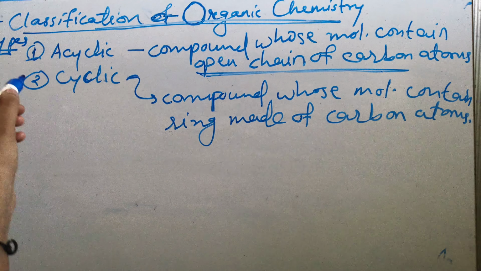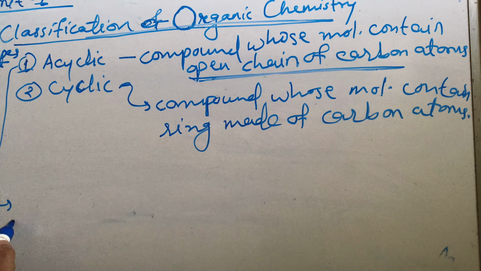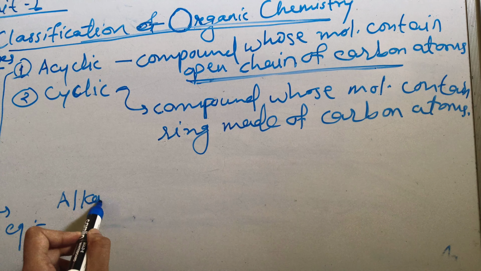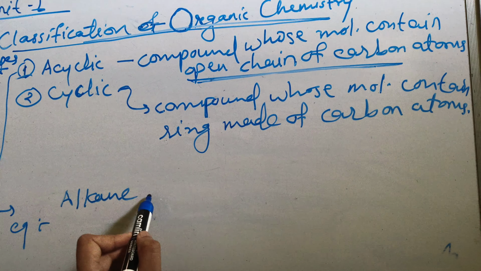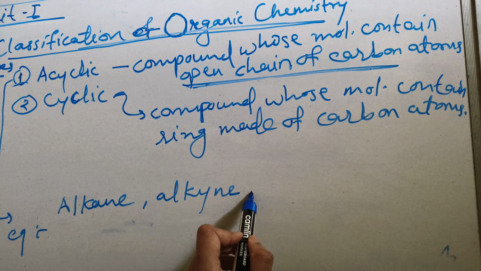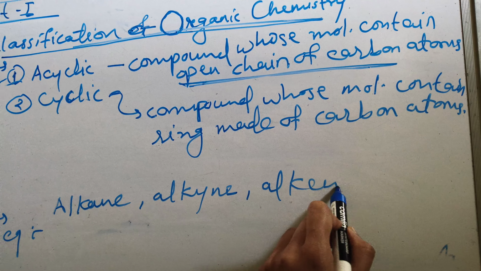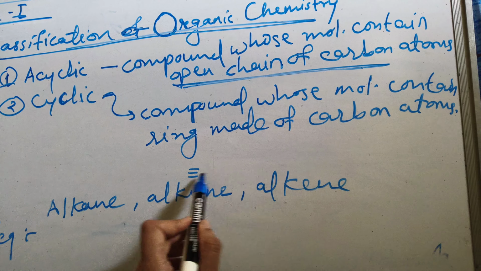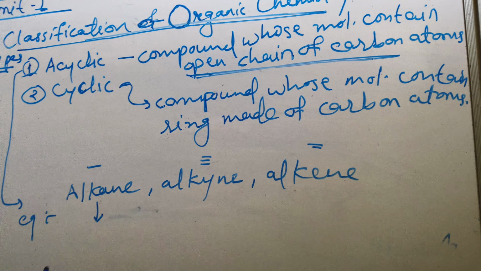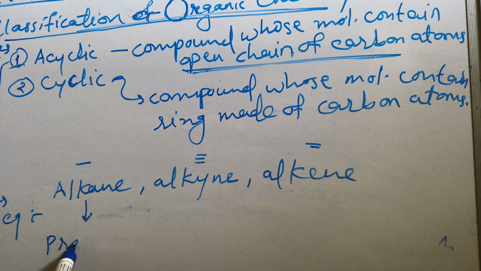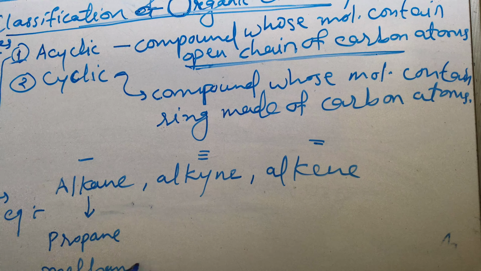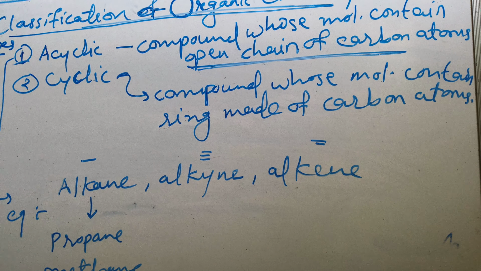In acyclic series, for example, we will look at alkane. The families are alkane, alkyne, and alkene, which contain single bond, triple bond, and double bond respectively. Examples of alkane are propane, methane, butane.